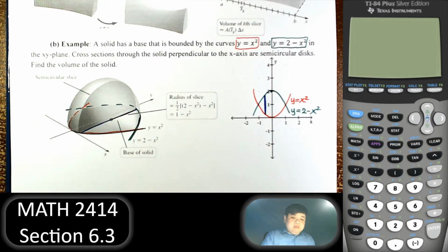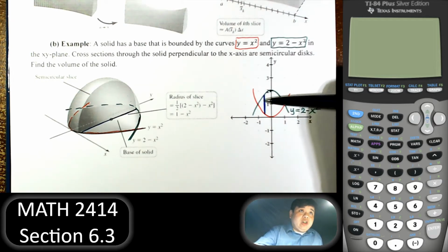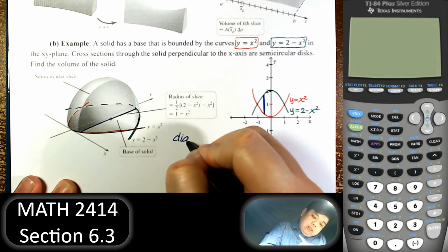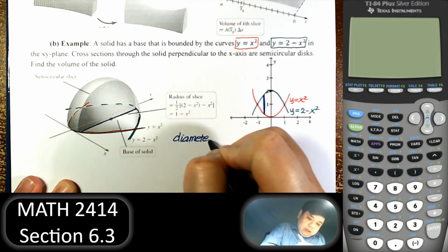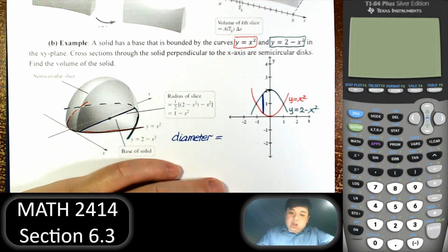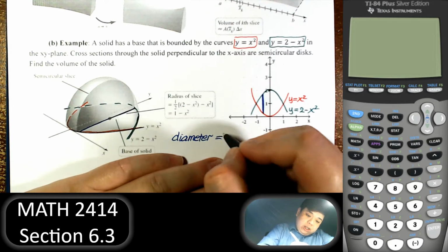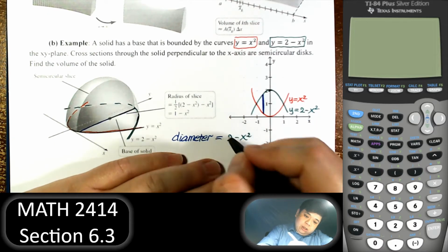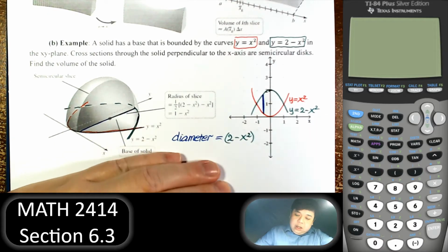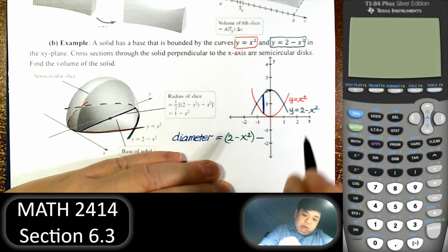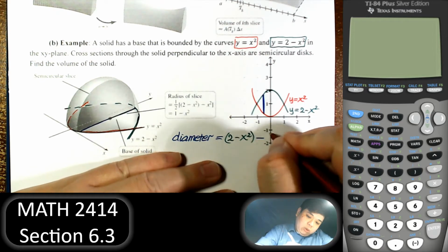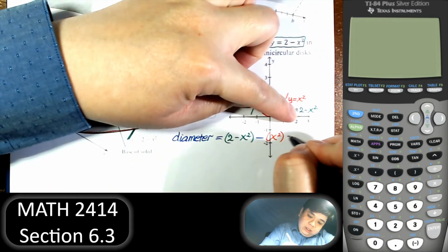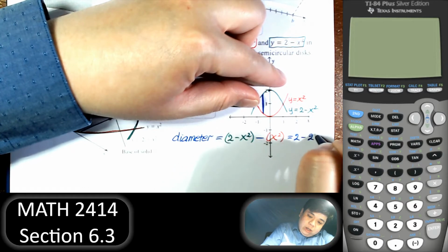Just like the last section, it is the upper function minus the lower function. So the diameter is equal to the function above, which is 2 minus x squared, and then subtract the function below, x squared. That gives us 2 minus 2x squared.